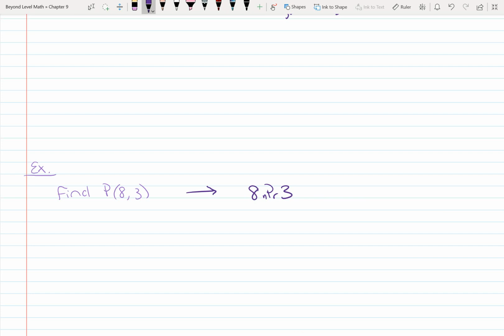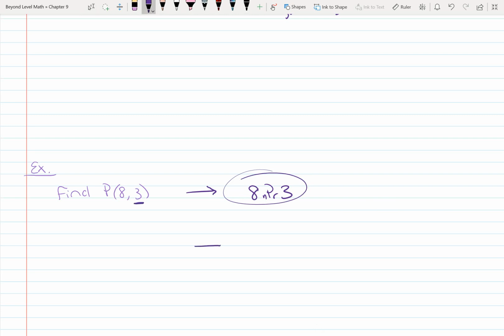So for your work tonight, I wrote both options for some of them, and for some of them I did not. But you can use both options as long as you write this, or write your lines. So 8 nPr 3, or use the lines.